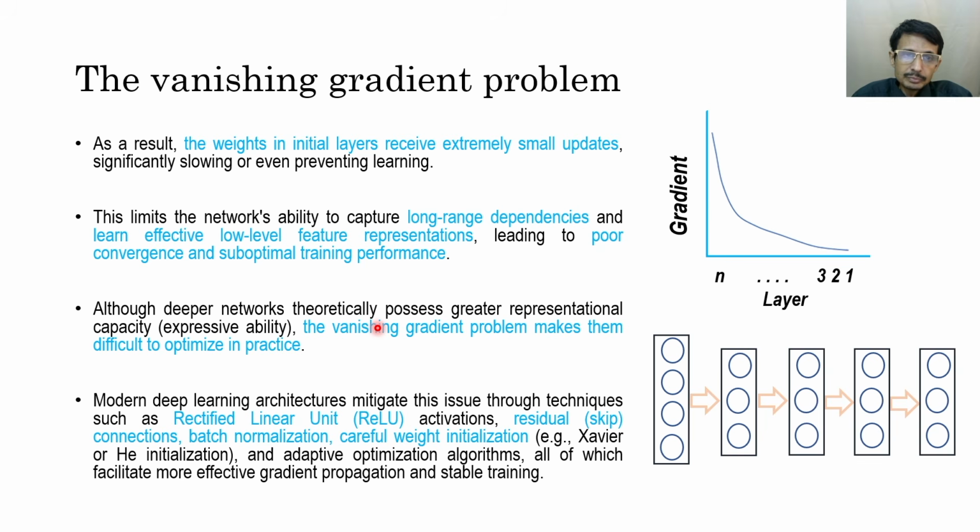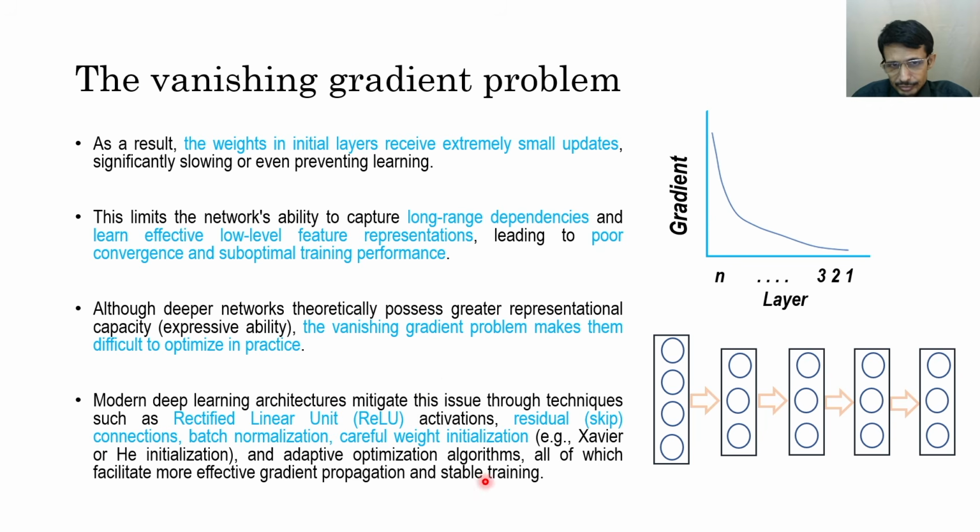How can this be handled? Modern deep learning architectures mitigate this issue using some techniques. We may use ReLU activations rather than sigmoid or tanh activations. Most important are residual connections, also called skip connections, batch normalization, careful weight initialization, and adaptive optimization algorithms, all of which facilitate more effective gradient propagation.